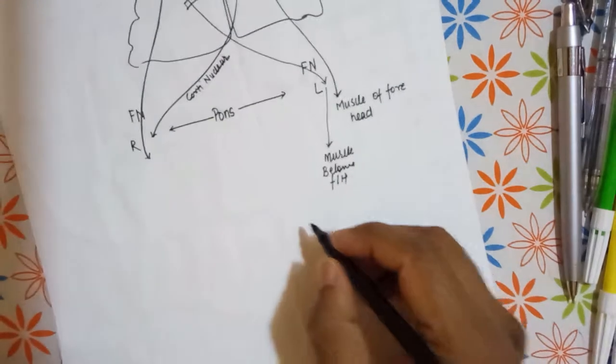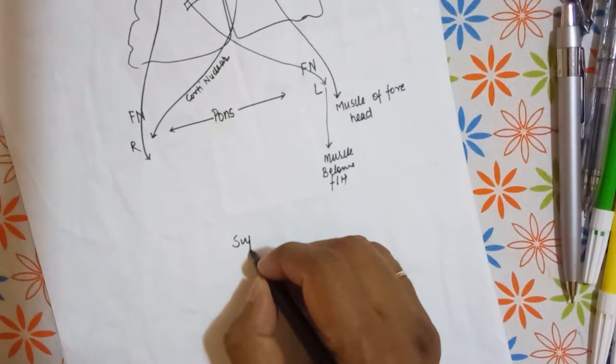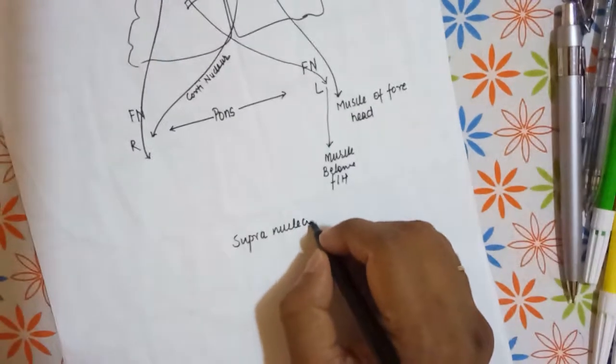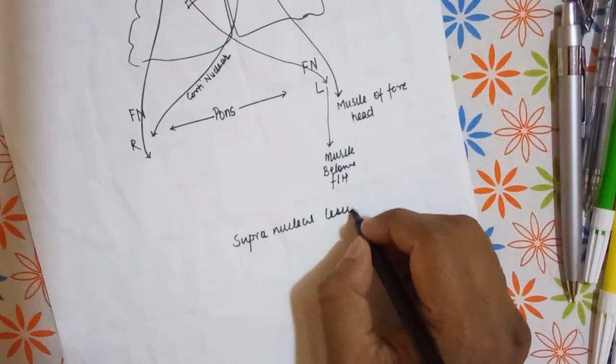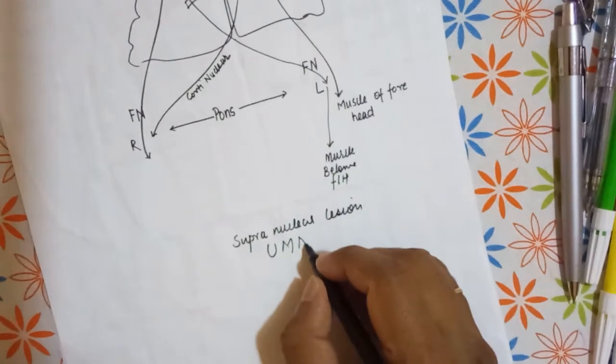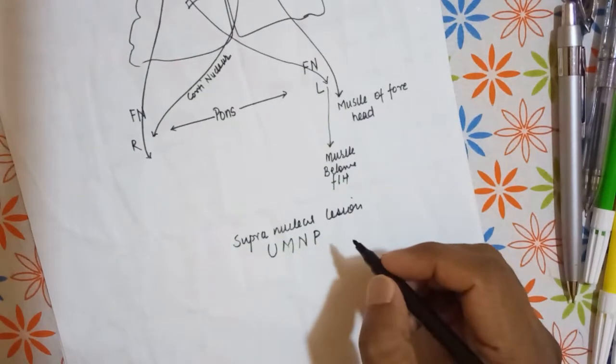This type of lesion is called a supranuclear lesion or upper motor neuron paralysis.